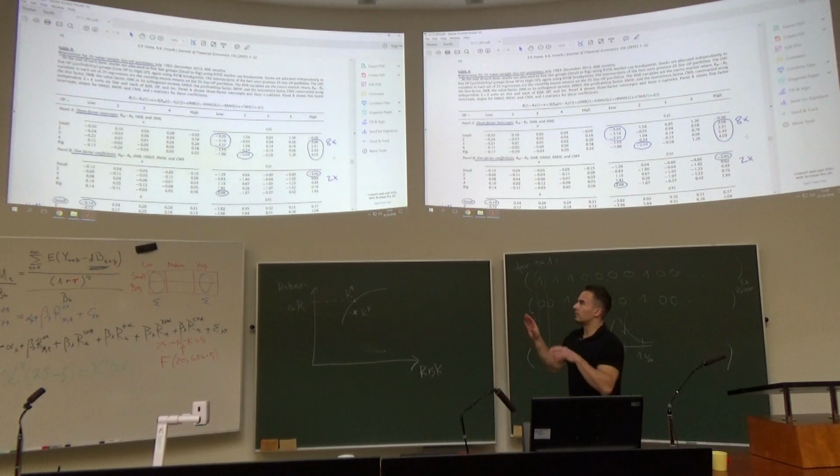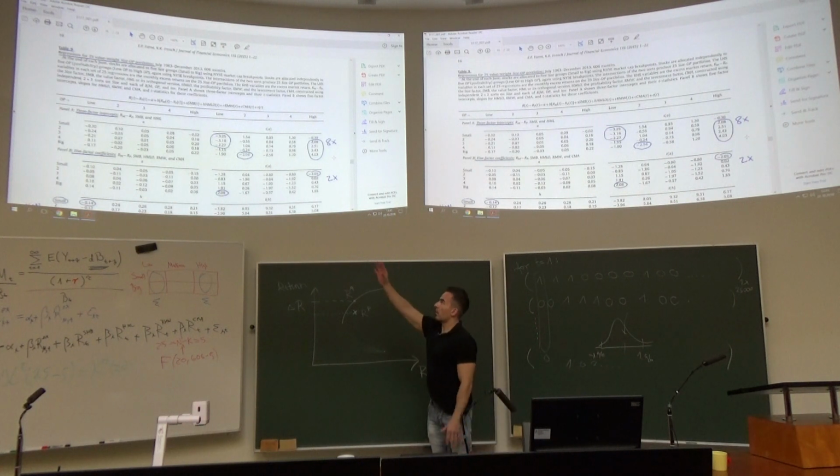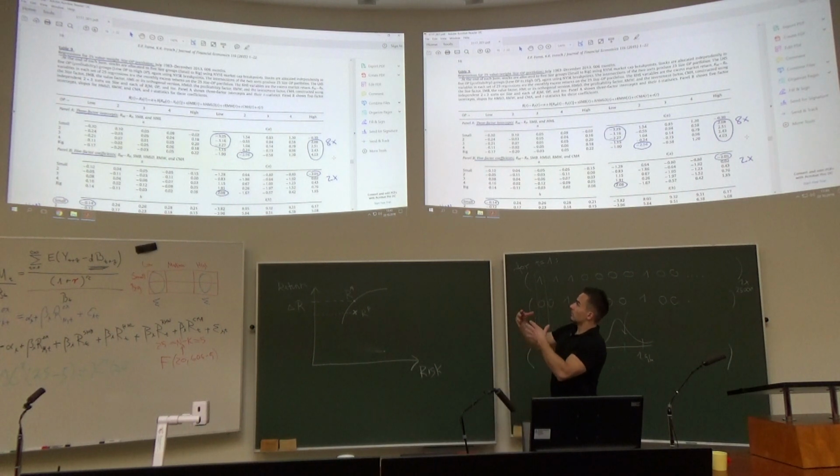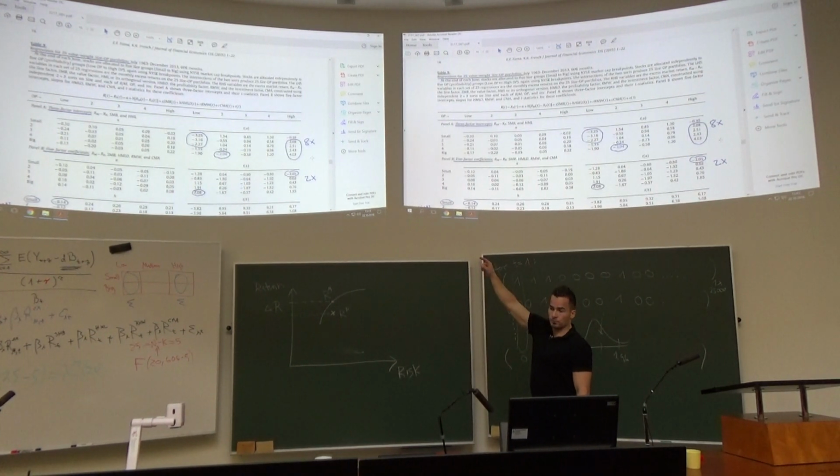So they do basically the same thing again, but now they use 25 stock portfolios sorted by size and operating profitability, and not the book-to-market ratio that we had in the previous table.